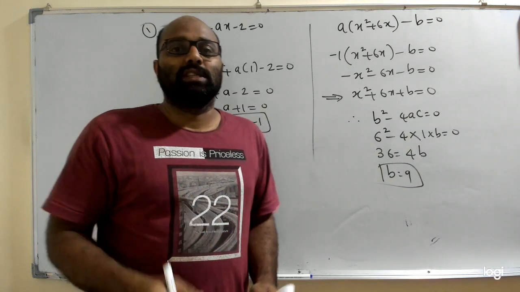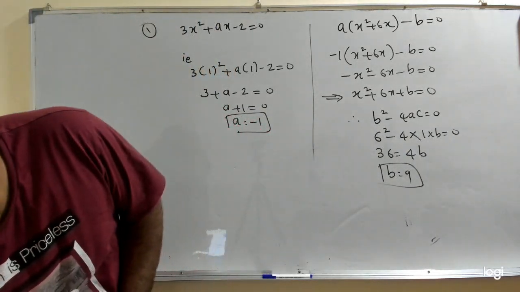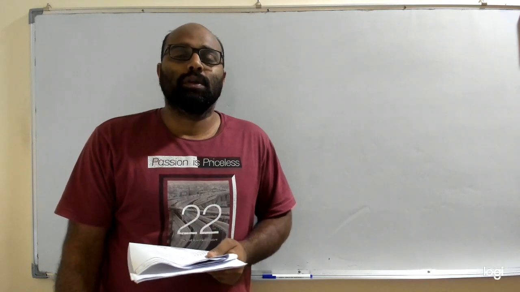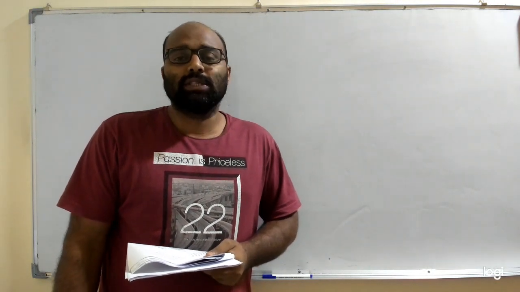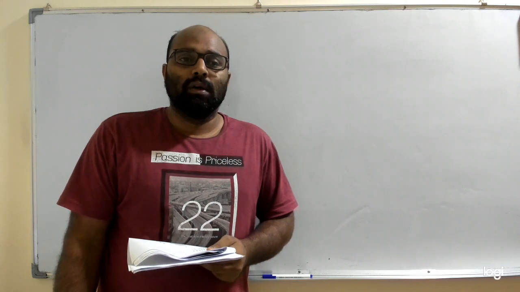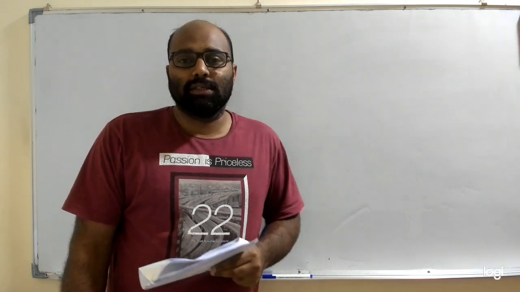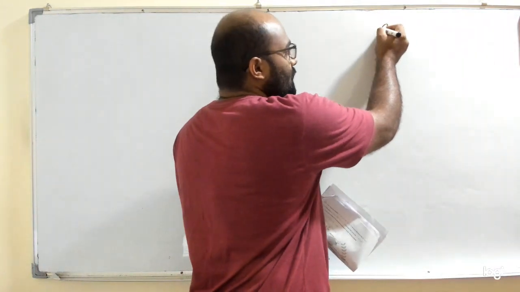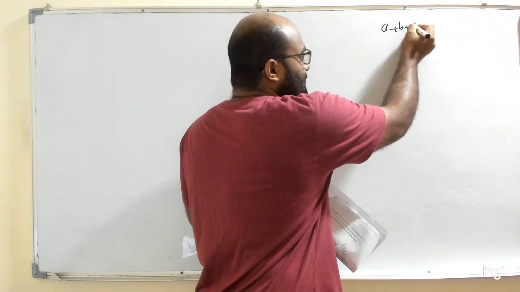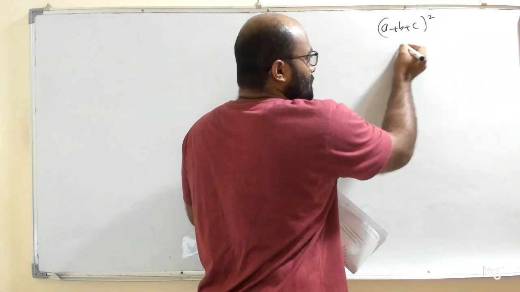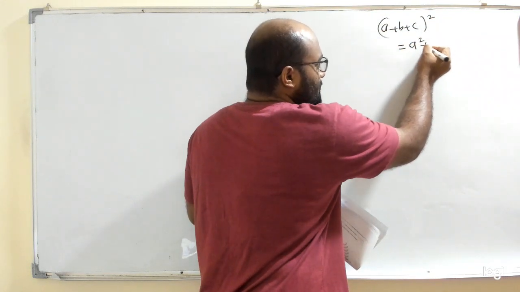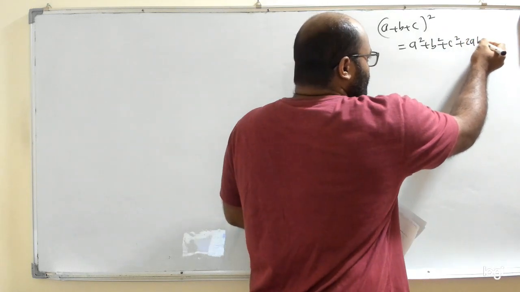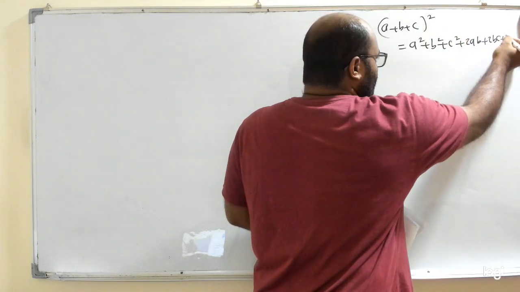Now we are discussing the next one, third one. Okay, third question. You know, last year you learned many identities. In that, one of the identities is this one. a plus b plus c whole square equal to what? a square plus b square plus c square plus 2ab plus 2bc plus 2ac.